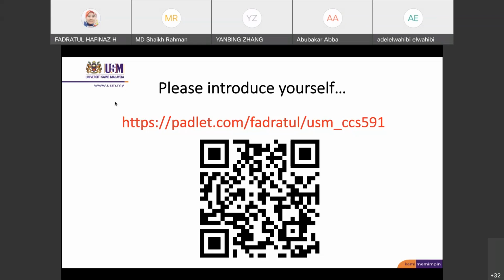Click that icon and a small window will pop up. Please fill in these details: your full name, your research interest, your current research area, your supervisor's name, your expectations from CCS591, this class, and your latest photo. I give you about 5 minutes to fill in all the details in the Padlet. Let me know if the QR code is not working.